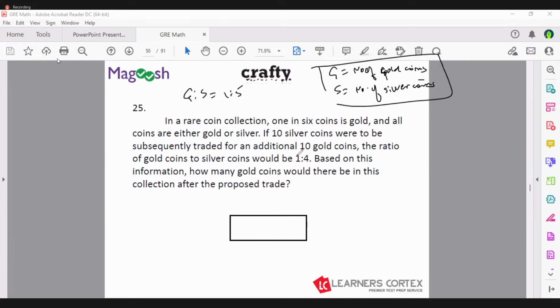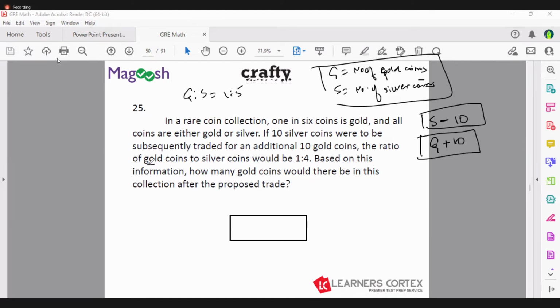Now it says that if 10 silver coins were to be subsequently traded for 10 additional gold coins, so from the S number of silver coins, we are trading 10 to get 10 gold coins. We are giving away 10 silver coins, and in exchange we are getting 10 gold coins.